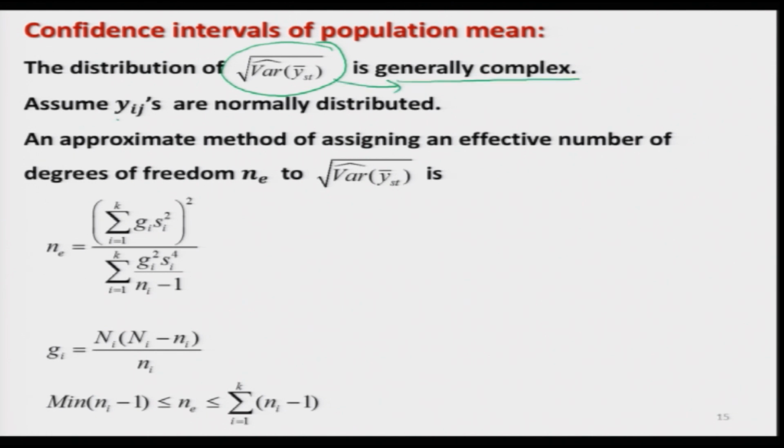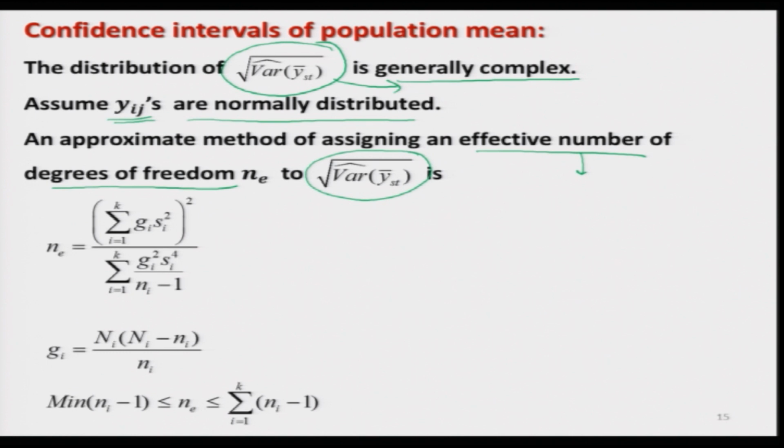In case you assume that all the observations yij are coming from a normal distribution, then there is an approximate method for assigning the effective number of degrees of freedom to the distribution of the standard error of y bar st. Why am I calling it an effective number? Because degrees of freedom are always some integer value, and here the distribution of standard error becomes too complex.